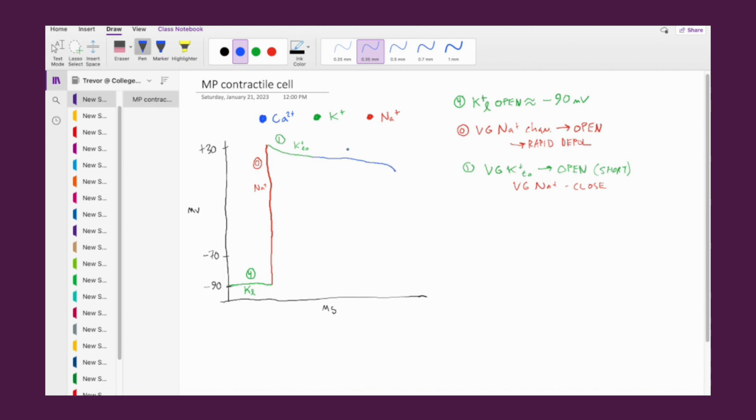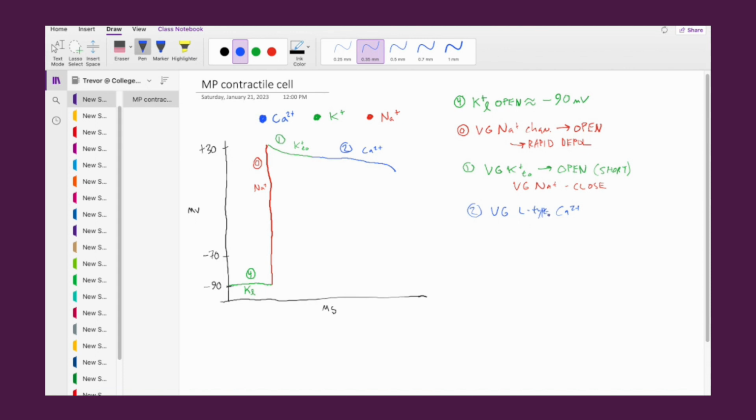Okay. So this is event 2 now. It involves calcium. You see a 2 plus. Here we have these voltage-gated L-type calcium channels open. Remember that L stands for long.